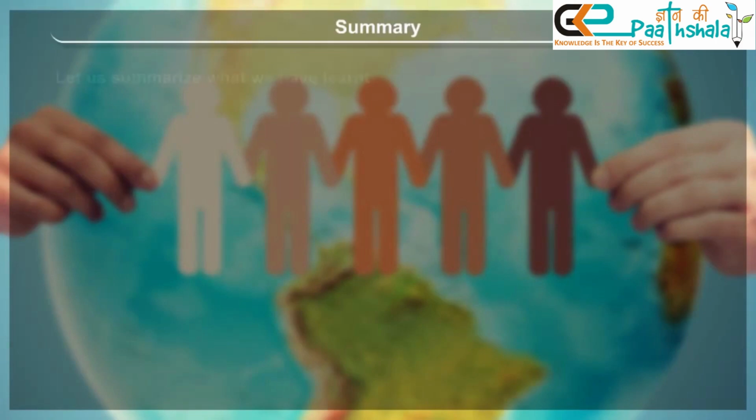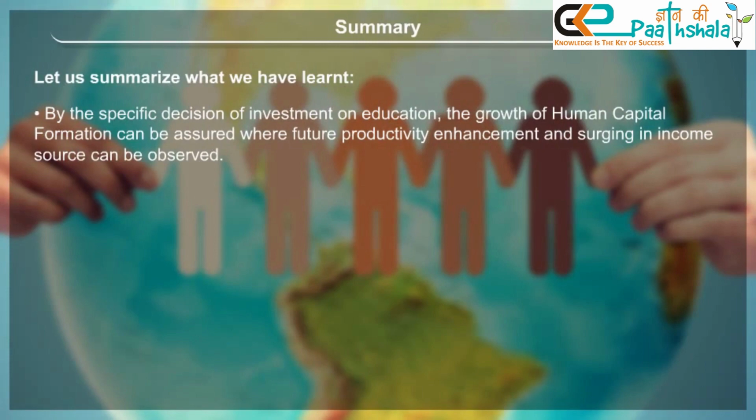Summary. Let us summarize what we have learned. By the specific decision of investment on education, the growth of human capital formation can be assured, where future productivity enhancement and surging income sources can be observed.